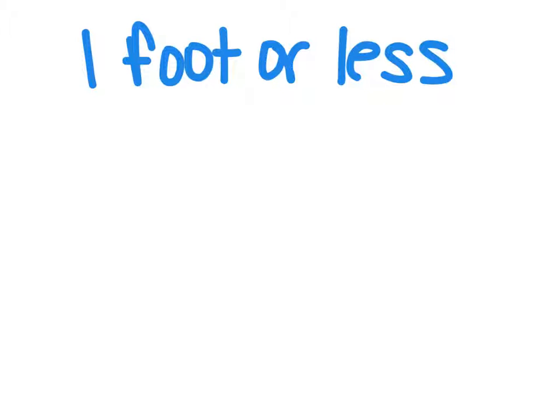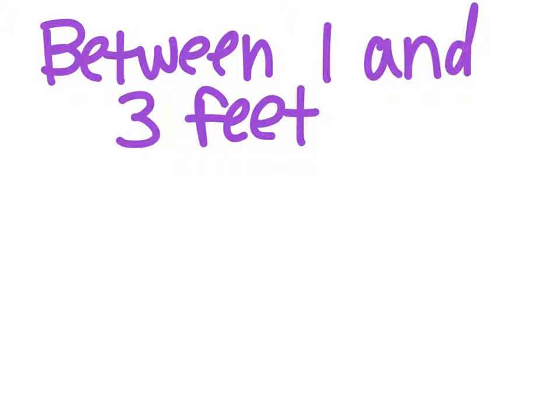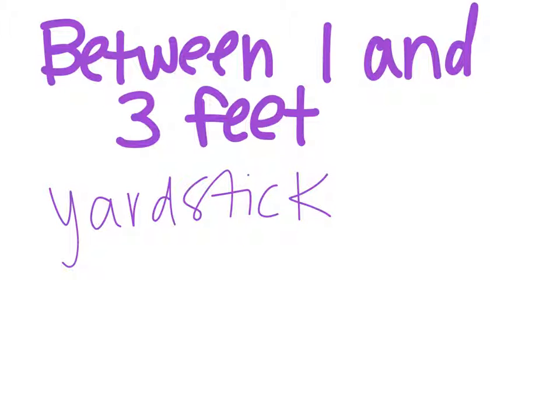So if we have an item that we estimate is 1 foot or less, which tool do you think we should use? We should use a ruler. This will tell us anything that's 12 inches or smaller, as well as 30 centimeters or smaller. If we have an object that we believe is between 1 and 3 feet, we are going to use a yardstick or a meter stick.